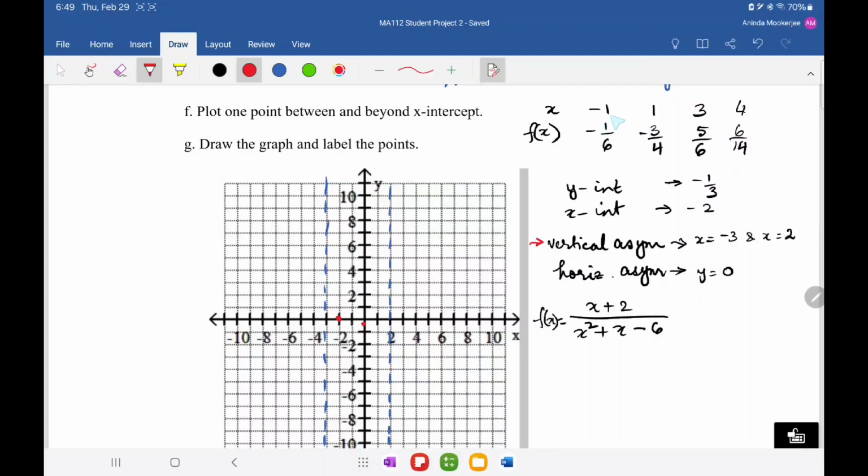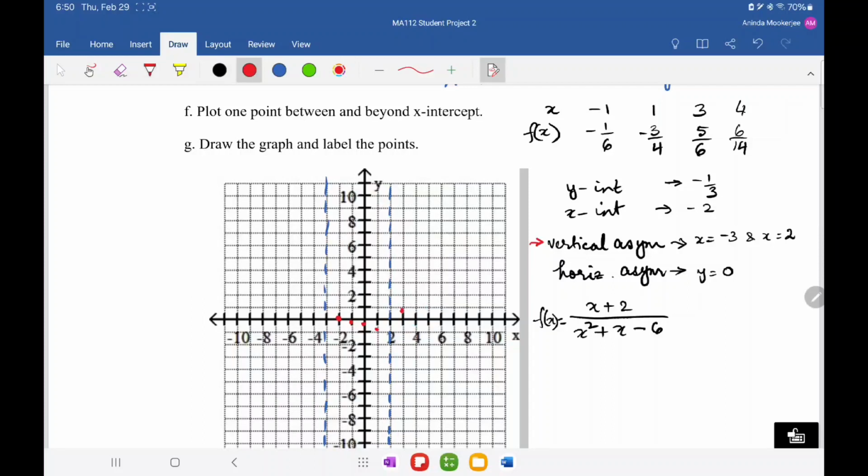When x is -1, y is -1/6, so that'll be somewhere here. When x is +1, y is -3/4, so that's going to be somewhere here. When x is 3, it's 5/6, so 5/6 is going to be close to 1.